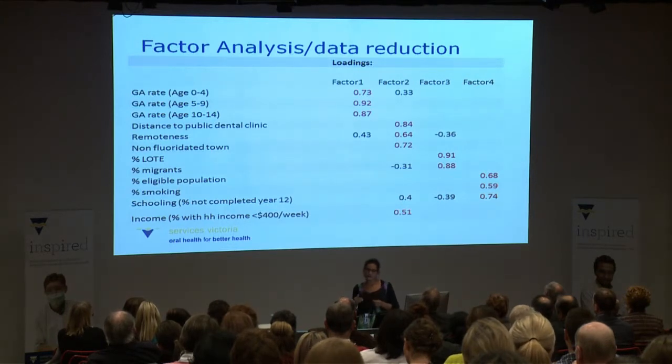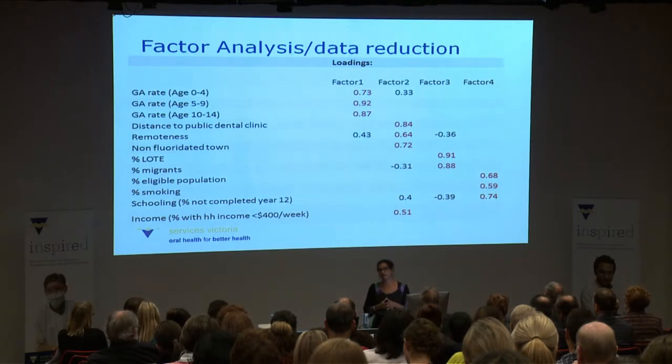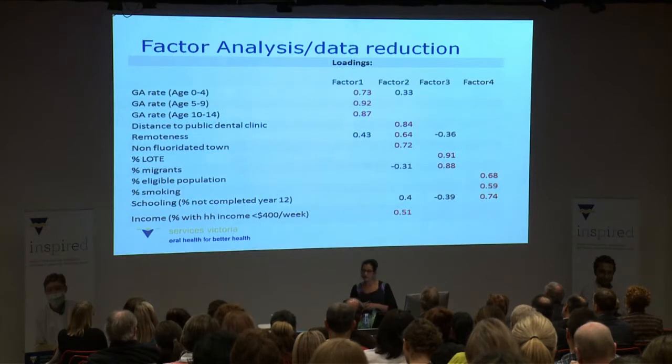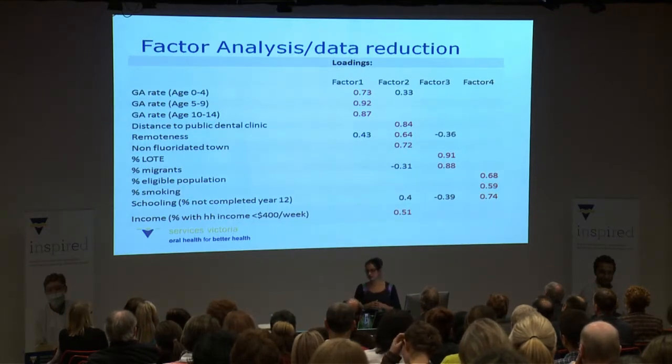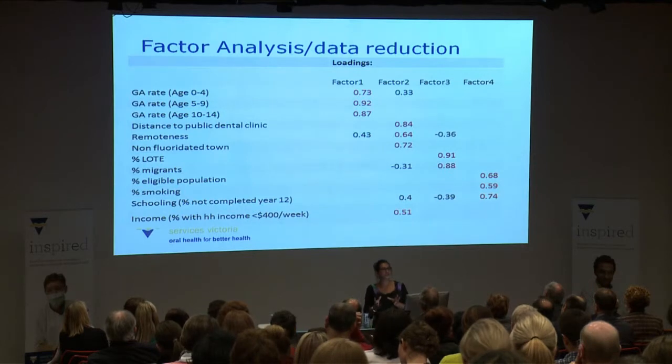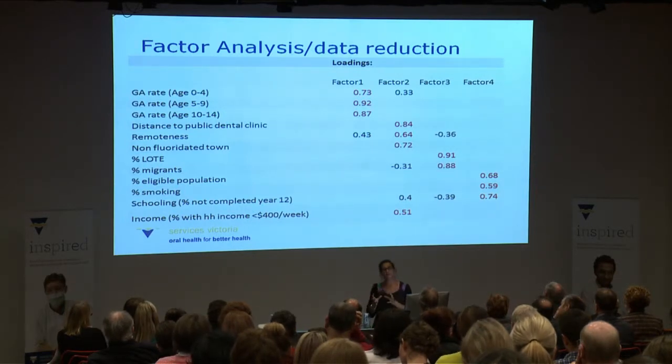If we look at child oral health, we see that GA rate is one of the strongest correlates with child oral health at a community level. Then factor 2, the ones in red are where they hang together in each factor: distance, remoteness, and environmental factors such as fluoridation. So geographic and environmental factors are tightly associated and impacting on child oral health.